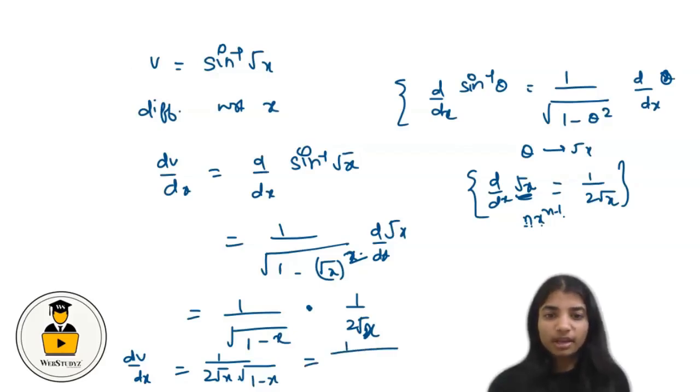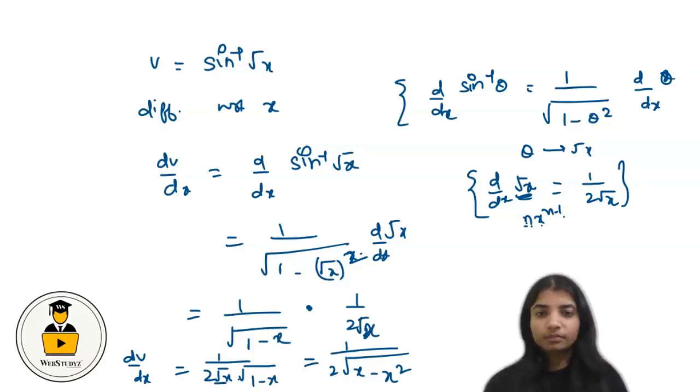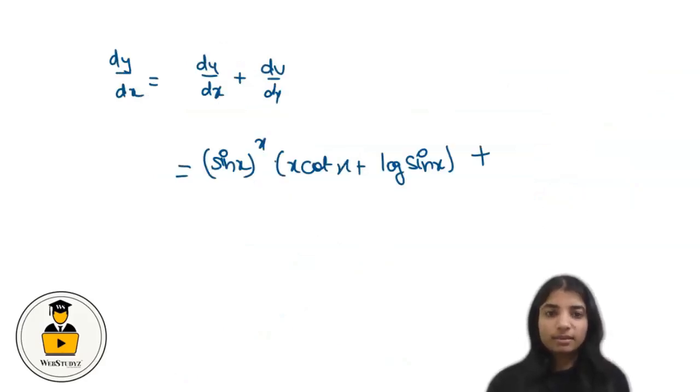We can further simplify this. We can write this as 2 under root of x minus x raised to the power 2. Multiply this under root x inside this under root of 1 minus x. So from here it is plus 1 divided by 2 under root of x minus x square.